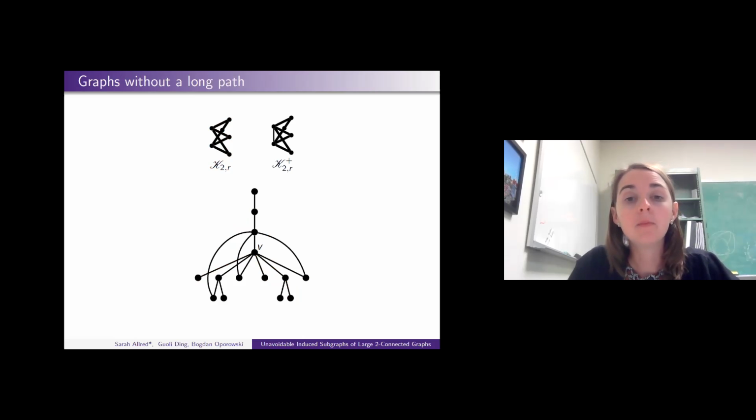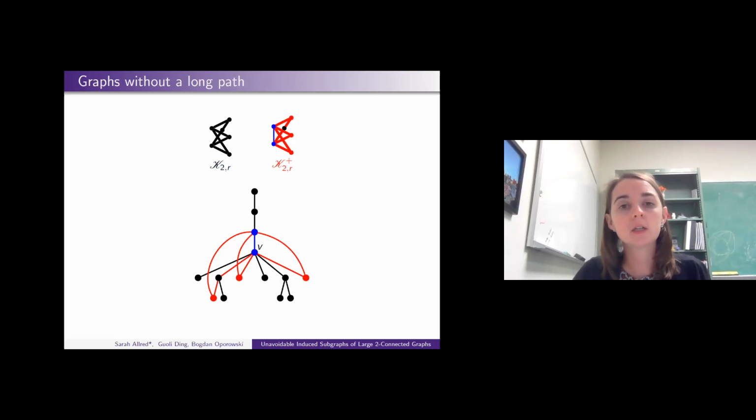Remember we're in induced subgraphs, so we cannot delete the edge between V and its neighbor that is its ancestor. But that's okay, because that'll give us a member of the family K2R plus. So you see our 2 blue vertices with the blue edge and the 3 red vertices. Any questions on this part?